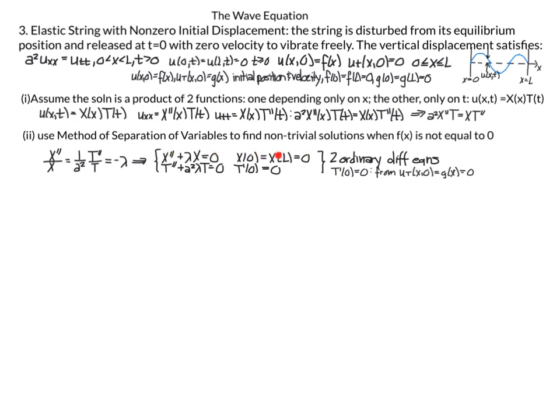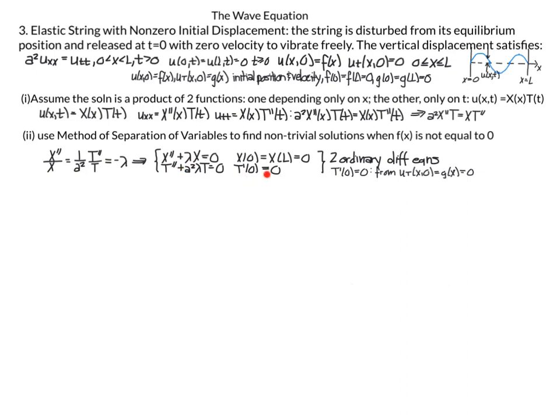And then looking at my X function, what we do have is that X of 0 and X of L are equal to 0. We have these boundary values that on the boundary, X is fixed. So this is our boundary value problem. And we also said that there's 0 initial velocity, so T prime of 0 is equal to 0.